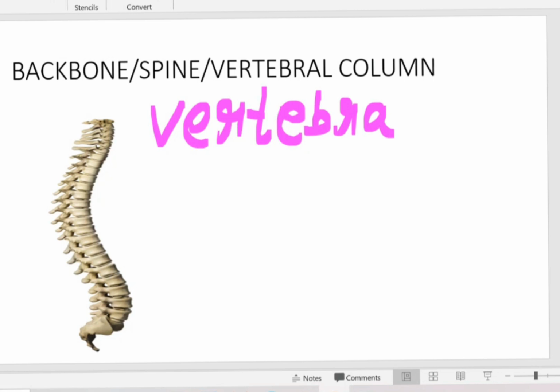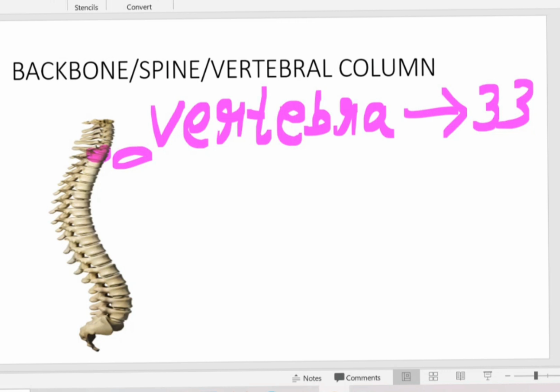So if you take the vertebra, in total how many bones are there? 33. So the backbone is formed of 33 small ring-like bones called vertebrae.